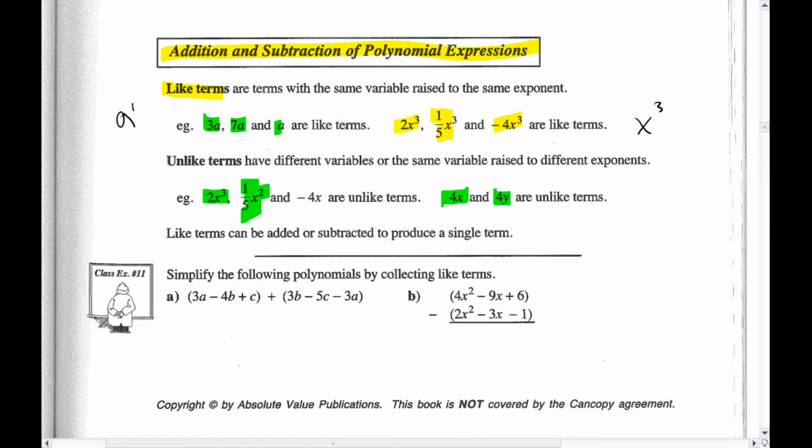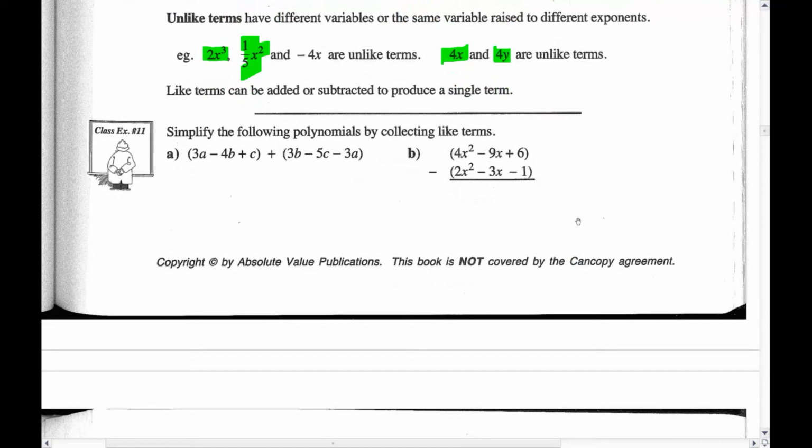So let's get into a couple of examples here. In this first one, we have two trinomials, 3a minus 4b plus c, plus 3b plus 5c minus 3a. You can see that we have some like terms here. 3a and negative 3a, those are like terms.